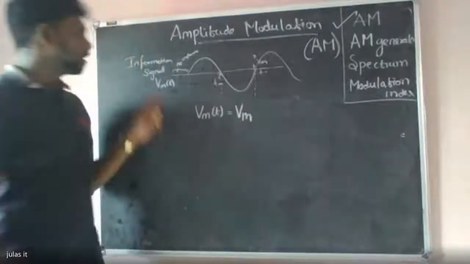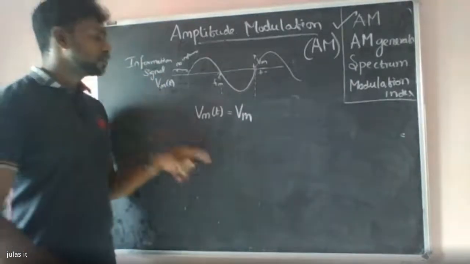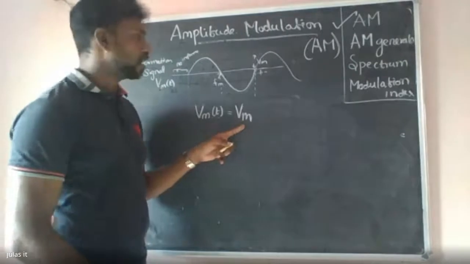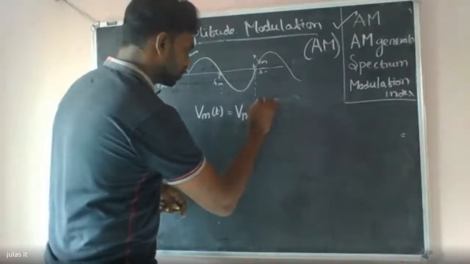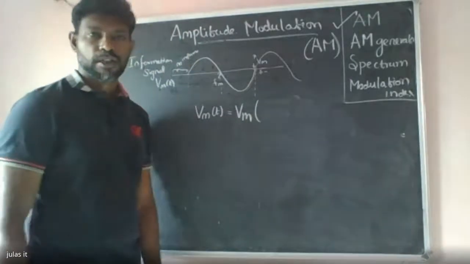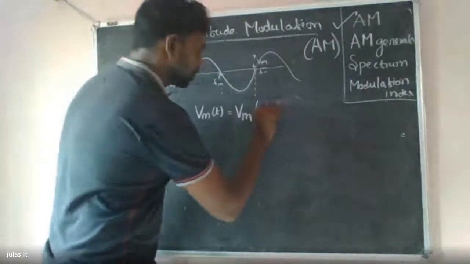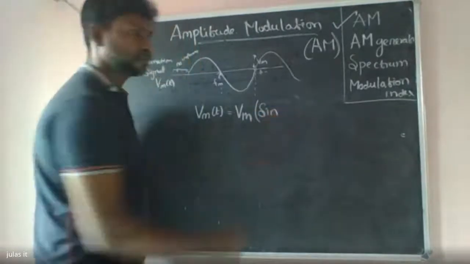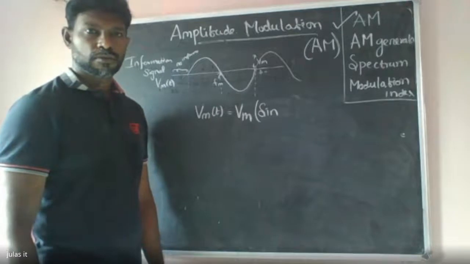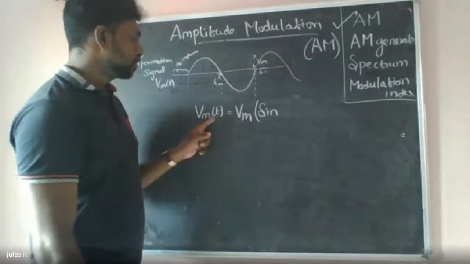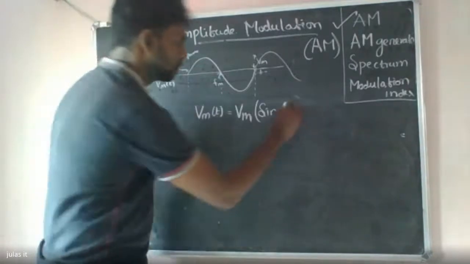I am writing the equation for the information signal or message signal. So Vm into sine of omega t.